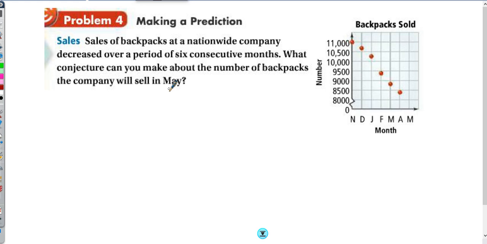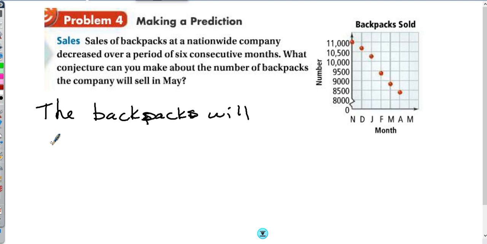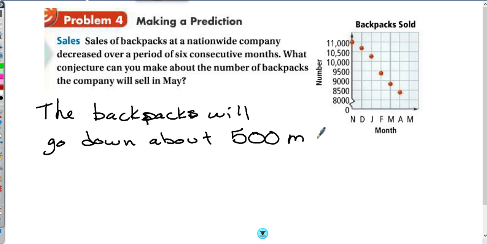So I'm going to say my conjecture is the backpacks will go down about 500 more, and I'm going to say roughly 8,000. It's going to be a little less than that, but roughly it'll be about 8,000.